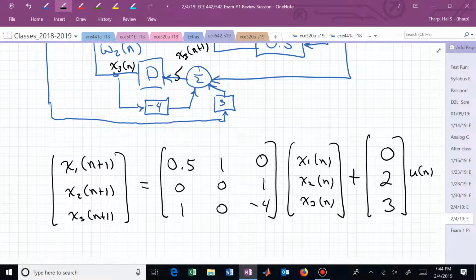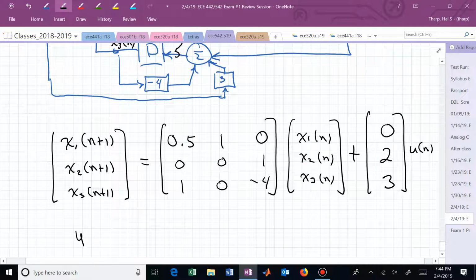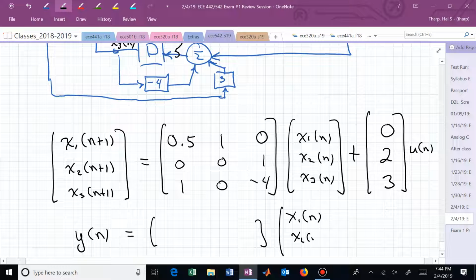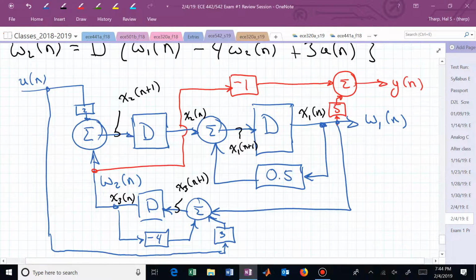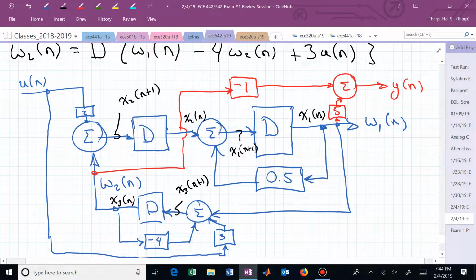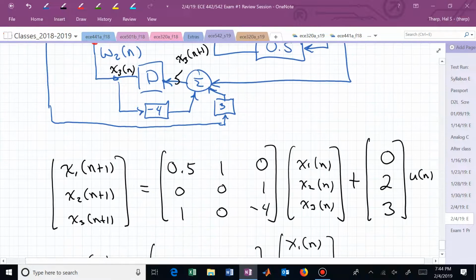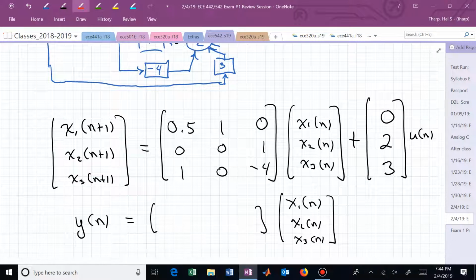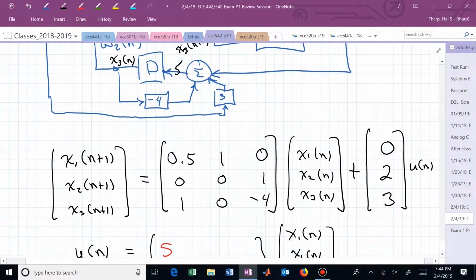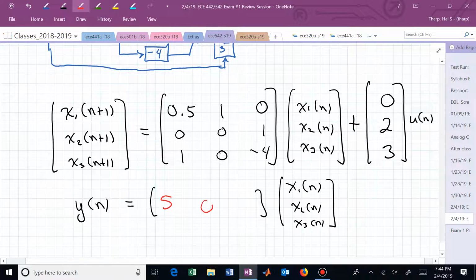And what is y of n? The way I've labeled my state, or delay blocks, y of n is going to be five x1, no x2, and minus 1 x sub 3.